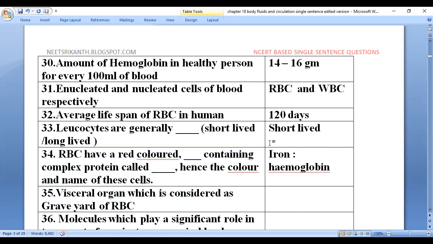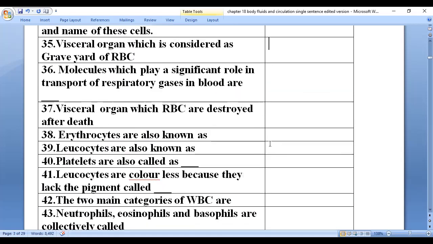Visceral organ which is considered the graveyard of RBC, spleen. Molecule which plays a significant role in transport of respiratory gases in blood is hemoglobin. Visceral organ where RBC are destroyed after death, spleen.